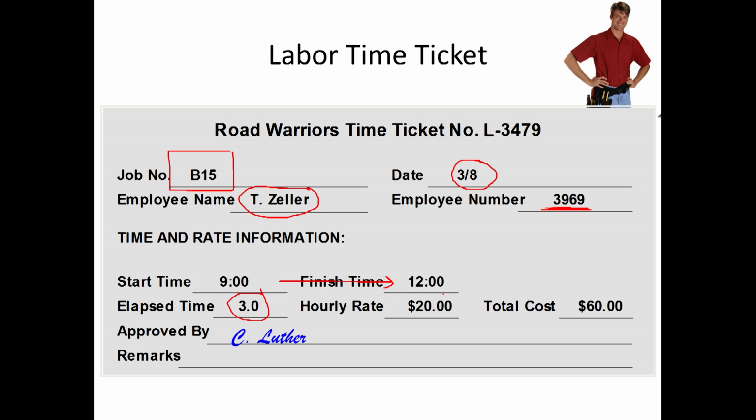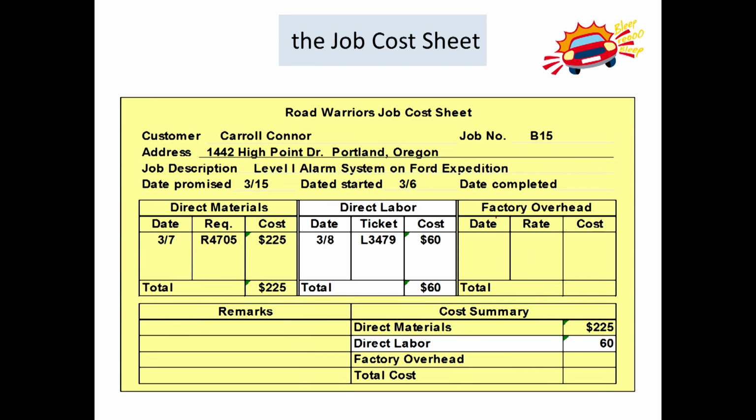Well, the hourly rate for T. Zeller is 20 bucks. So that total cost of $60 is going to get put over on that job cost sheet in the direct labor section. Does that make sense? And T. Zeller might work on somebody else's job later on that day.